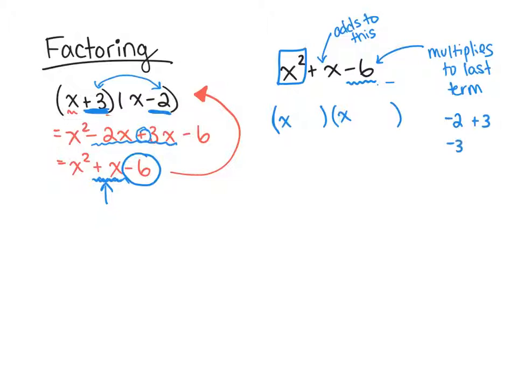It could be negative 3 and positive 2. It could be negative 6 and positive 1, or it could be negative 1 and positive 6. All of these options multiply to give us negative 6. But only one of those options will add to give us positive 1. Because if you add these guys together, they'll give you 5. If you add these guys together, that'll give you negative 5.